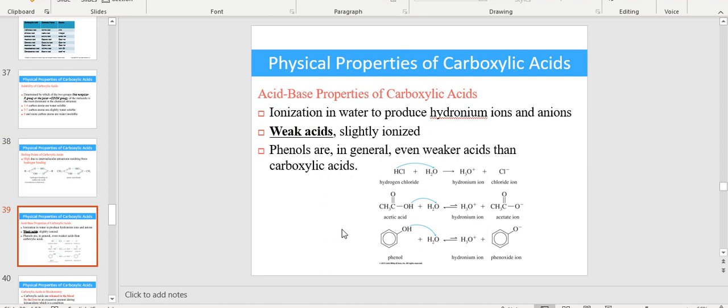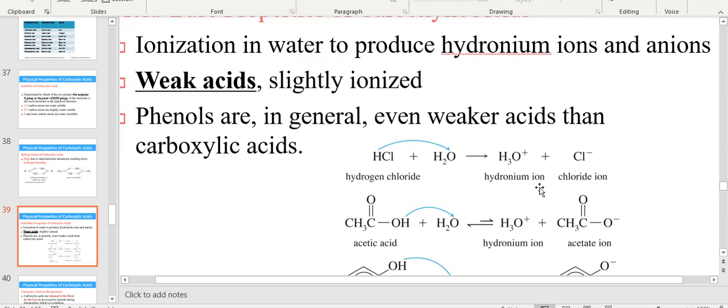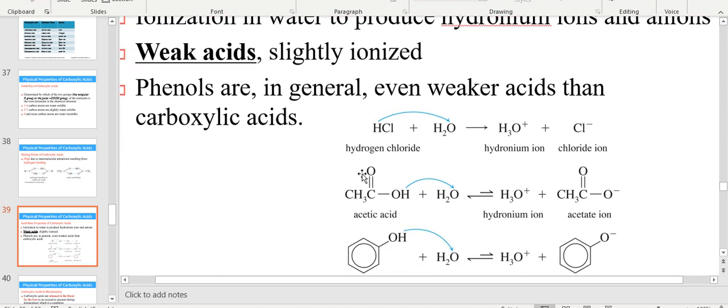What do we got here? When you put these acids into water, they will ionize. You see here, you put acetic acid into water. Generally, this hydrogen will jump off and create hydronium.